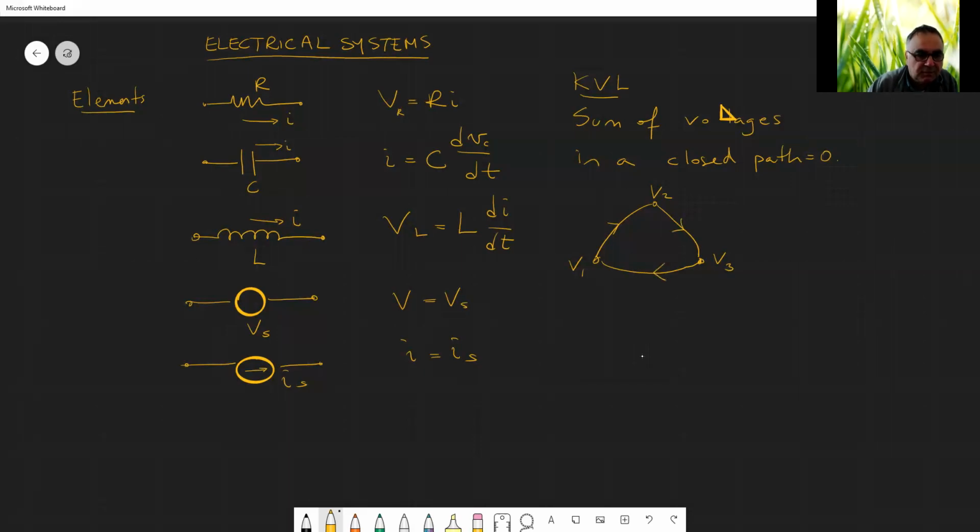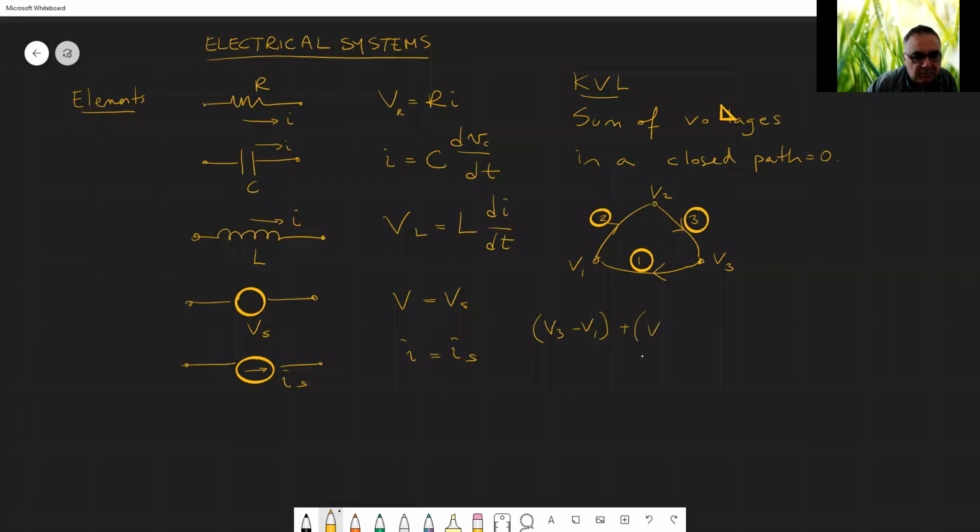Let's say this is 1, this is 2, and this is 3. There is a voltage drop of V3 minus V1 here in the first element.